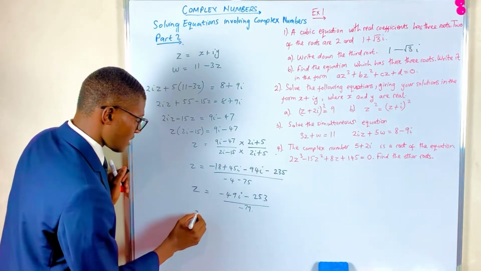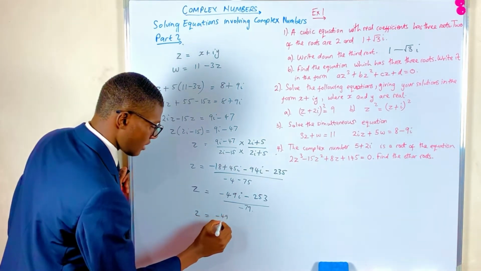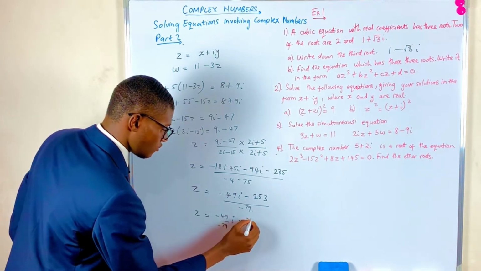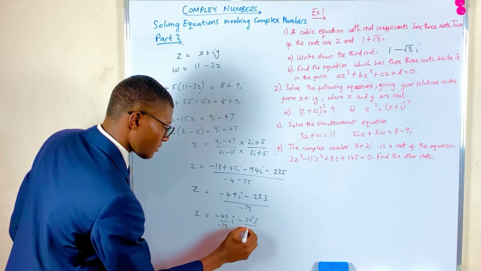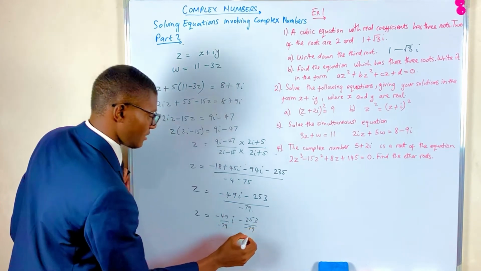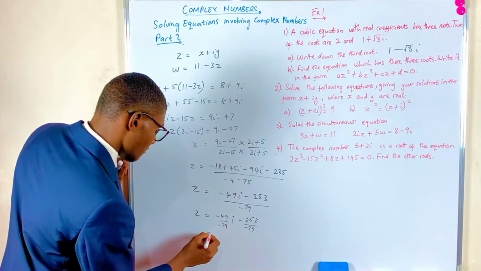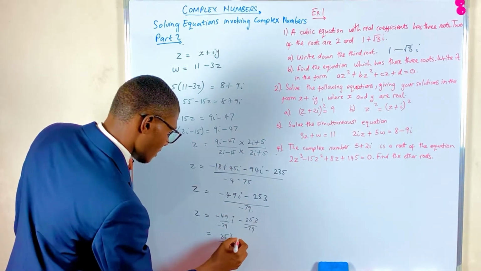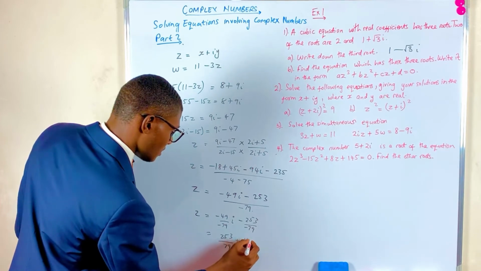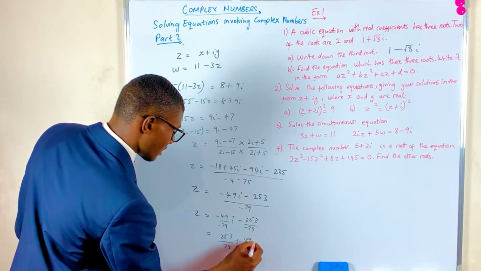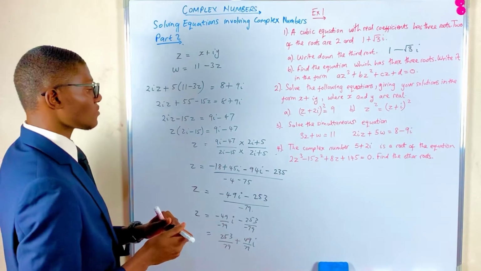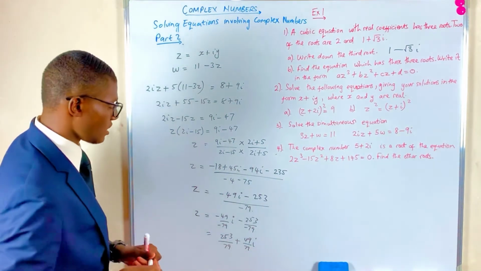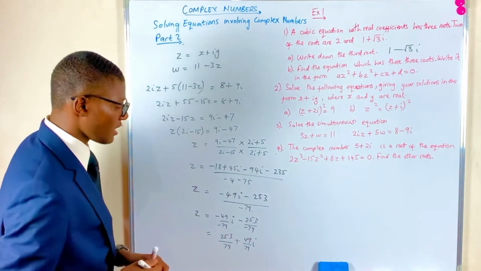So in other words, it's saying z is equal to minus 49 over minus 79i minus 253 over minus 79. Like this, which simplifies to 253 over 79 plus 49 over 79i. This is z. So now calculating the solution for w, we substitute this, and then we simply get our w.